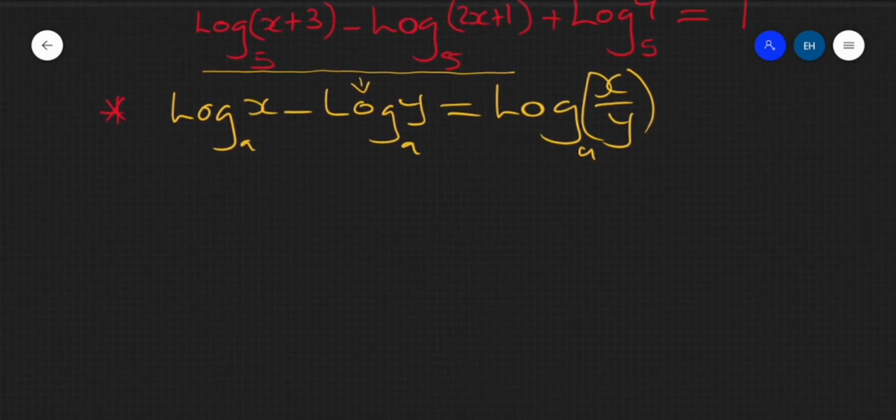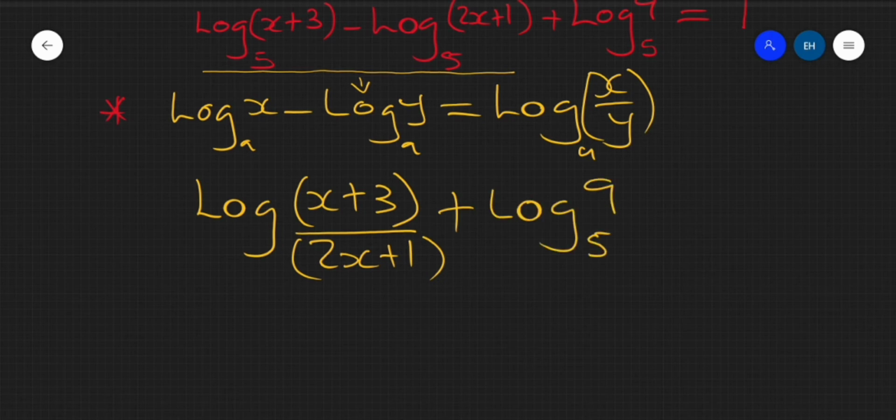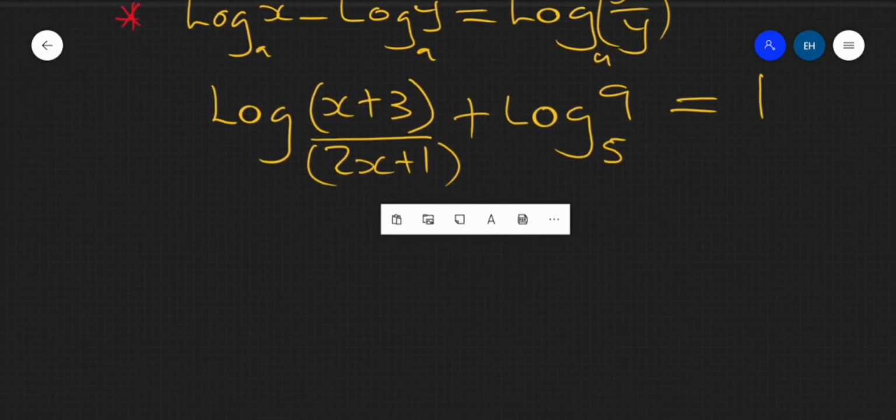So we can say now log (x plus 3) divided by (2x plus 1) plus log 9 base 5 is equal to 1.